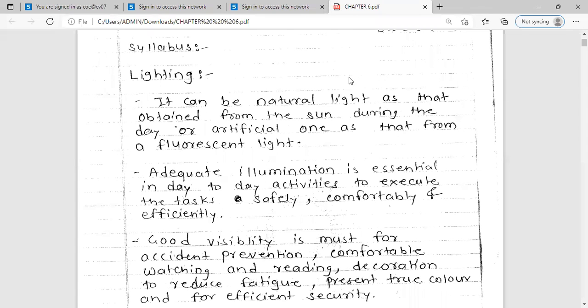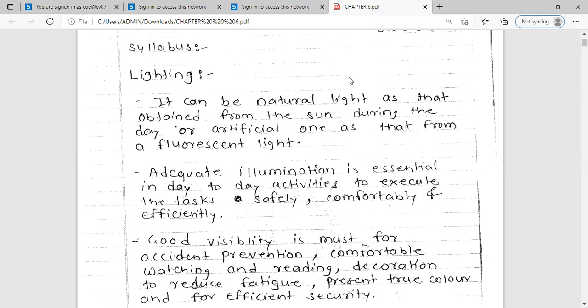To achieve lighting naturally, we go for the provision of windows in the external walls. While deciding the position of the window as well as its size, we have to think about lighting as well as ventilation.